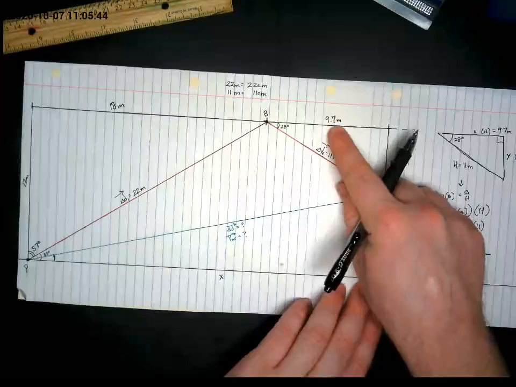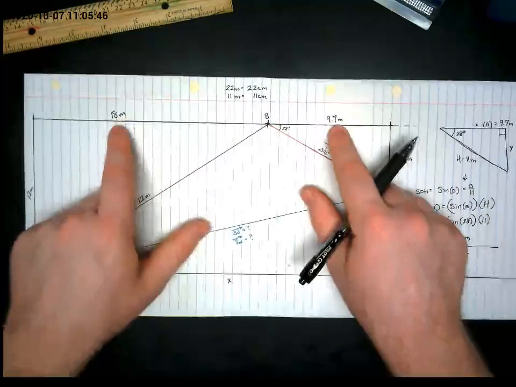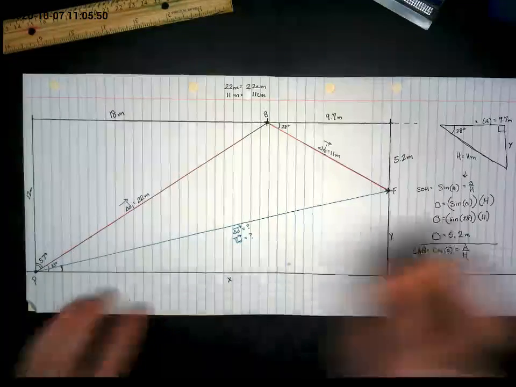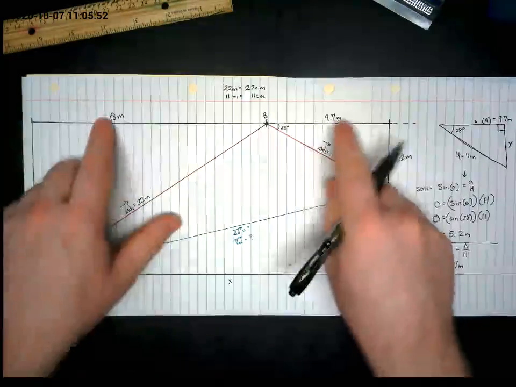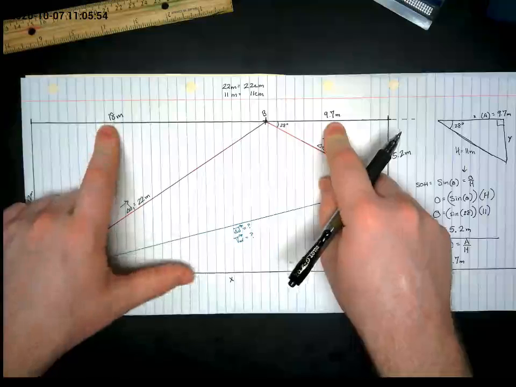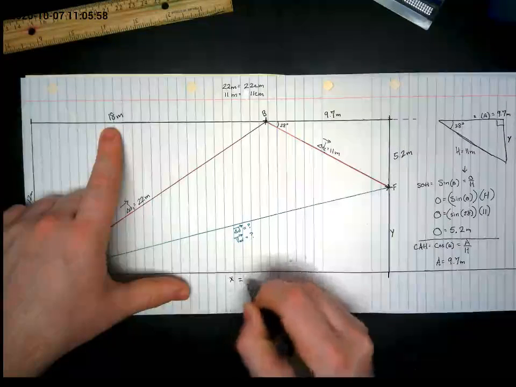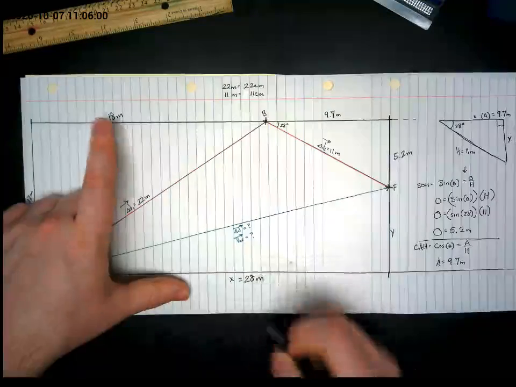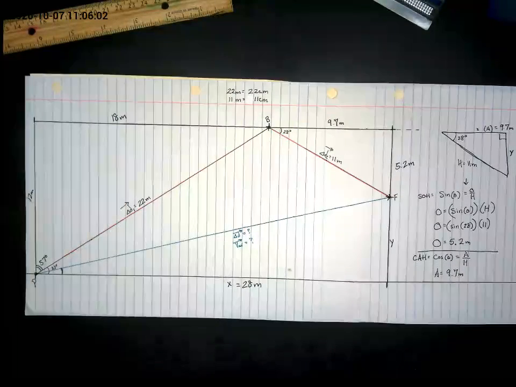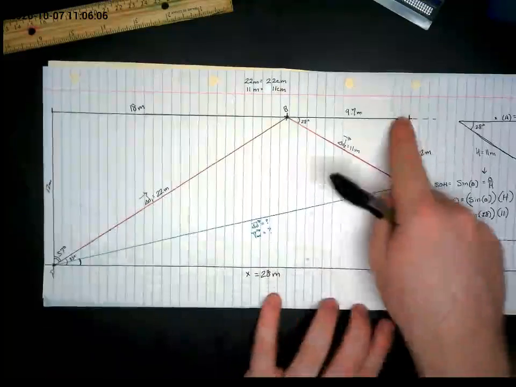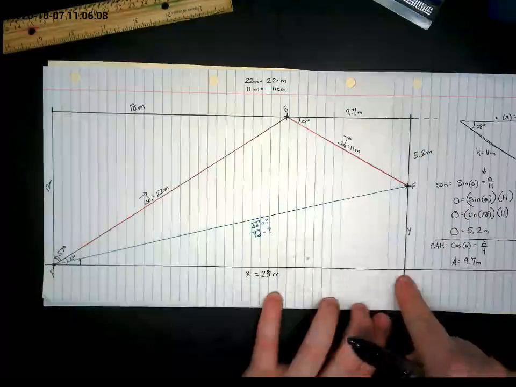Not only did we solve for both of these to find the total distance, which, by the way, is going to be down here, 18 plus 9.7, that's going to be 27.7, so x down here is just going to be 28 meters. But not only did we find that, if we notice over here, the same idea: this to here is the same as this to here.